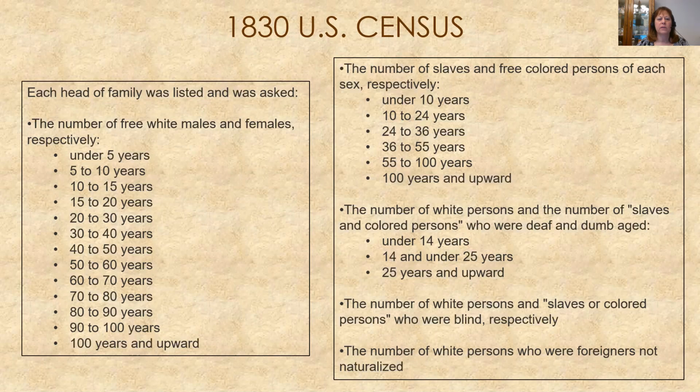For the deaf-mute, the numbers were divided by the number of white persons and the number of slaves and colored persons who were aged under 14, 14 and under 25, and 25 and upward. For the blind, they were divided between white persons and slaves or colored persons, but not further divided by age. Like the 1820 census, a question was asked as to the number of white persons who were foreigners not naturalized.